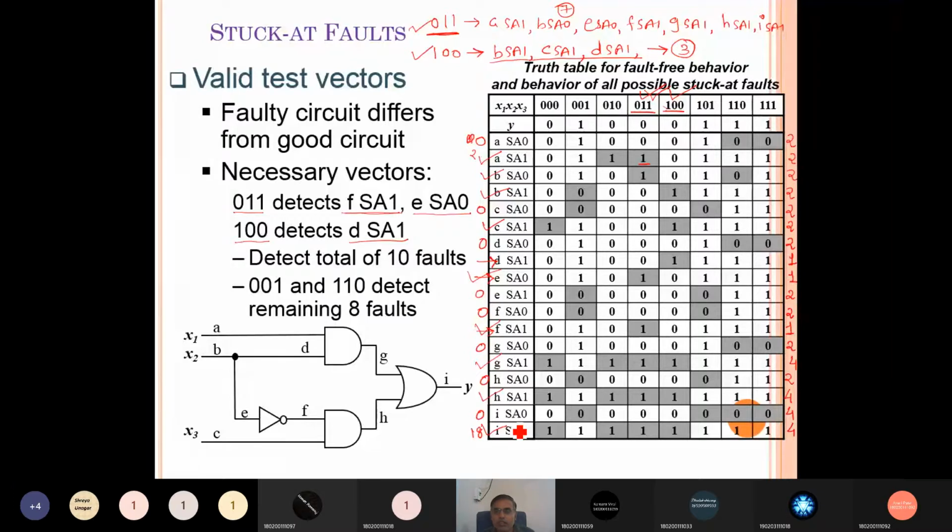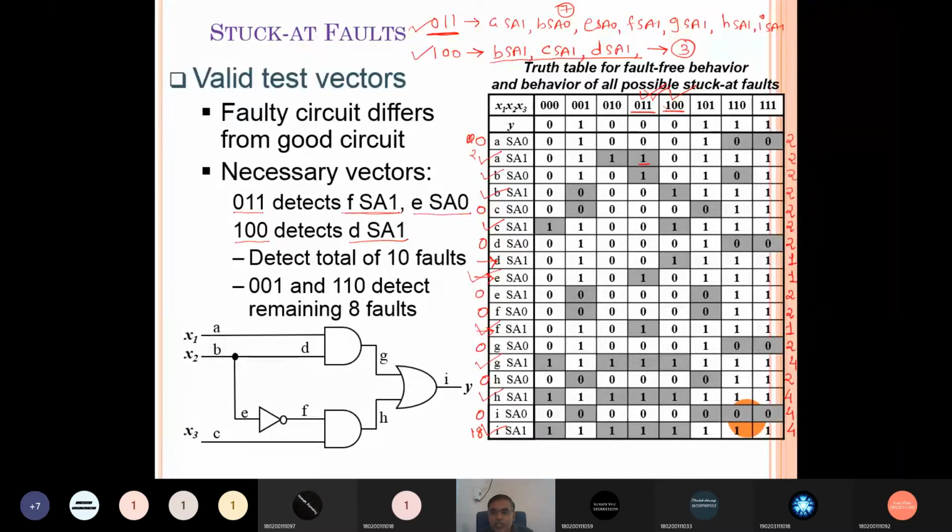Now we have to see which combination can detect the maximum of these remaining 8 faults. So if we pick the combination which can detect the maximum remaining faults, right? So we have to see for that.